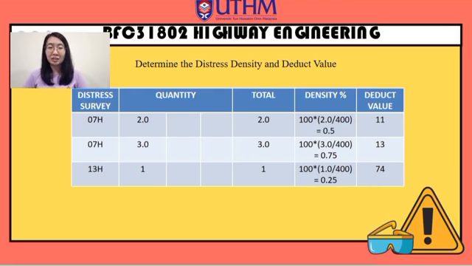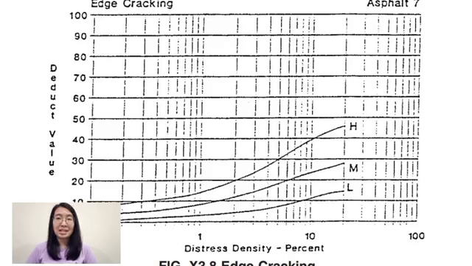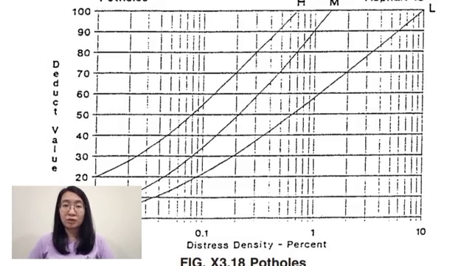After that, with the density that we obtain, we will get the deduct value for each distress. To get the deduct value, we also need to refer to the ASTM 6433, by referring to the type of distress that we found on the pavement.